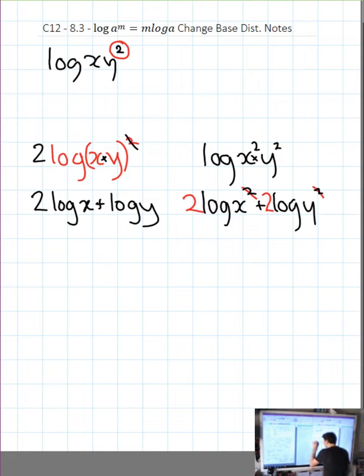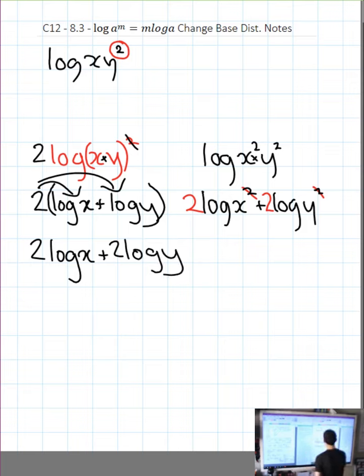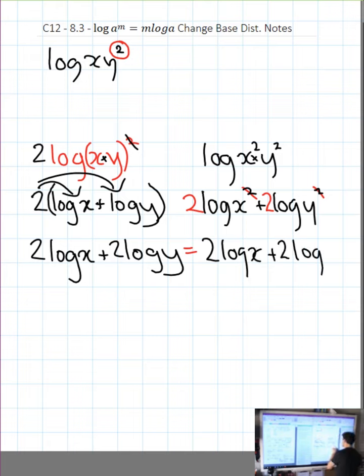But I've performed an expansion, and now I need to distribute in this 2 for 2 log x plus 2 log y, equaling the same equation off to the right, 2 log x plus 2 log y.